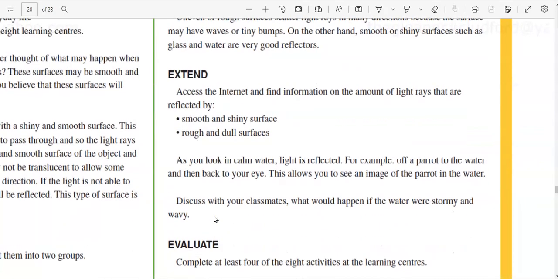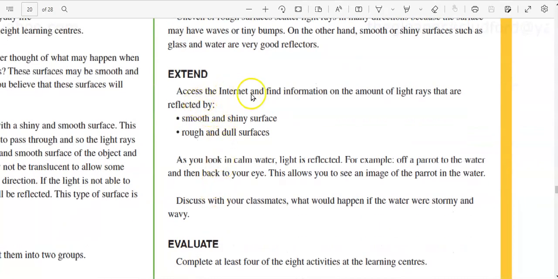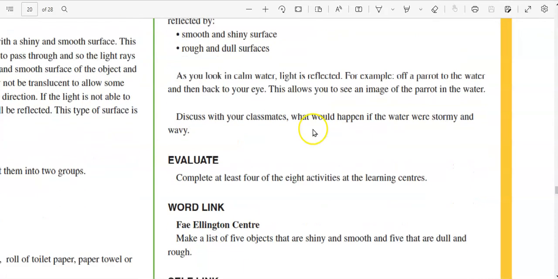Still. Extend. Access the internet and find information on the amount of light rays that are reflected by smooth and shiny surfaces, or rough and dull surfaces. As you look in calm water, as we said, light is reflected. For example, off a parrot to the water, then back to your eye.